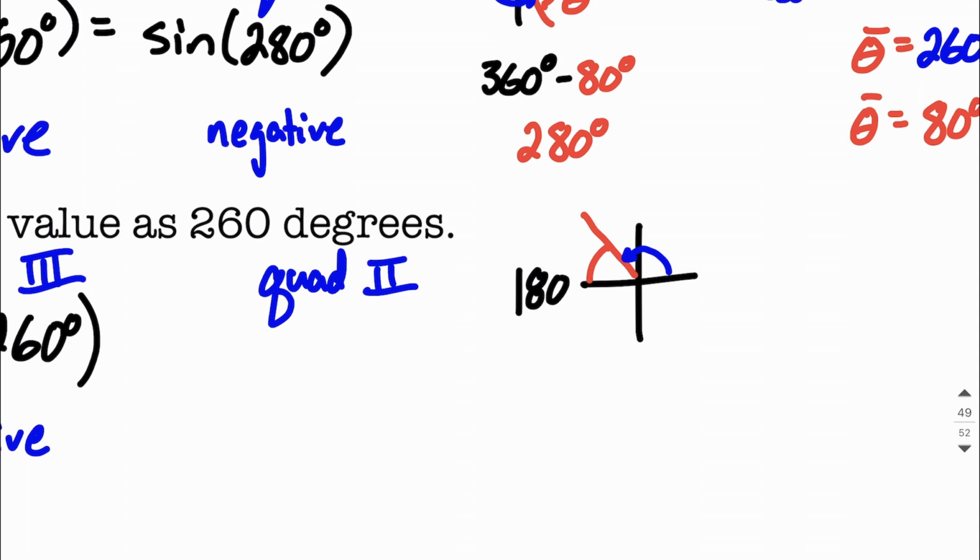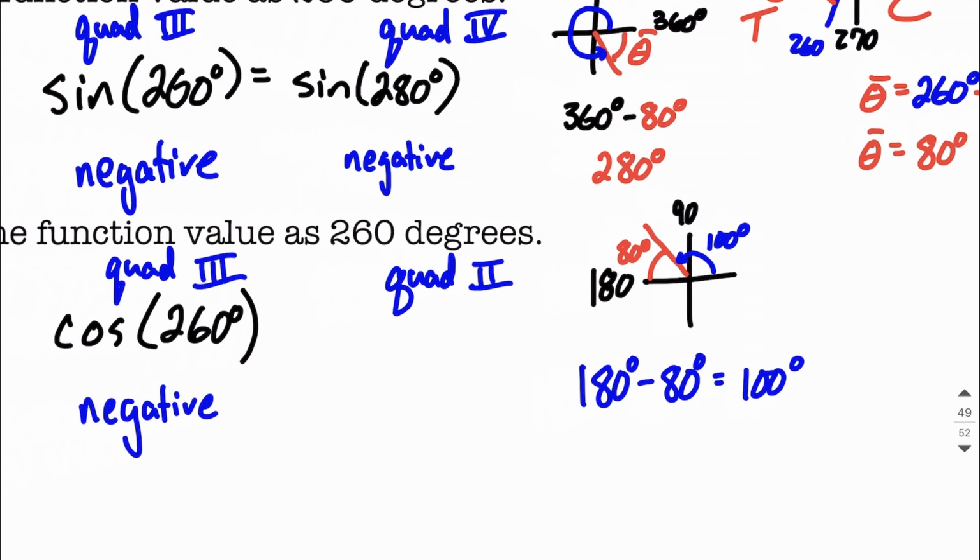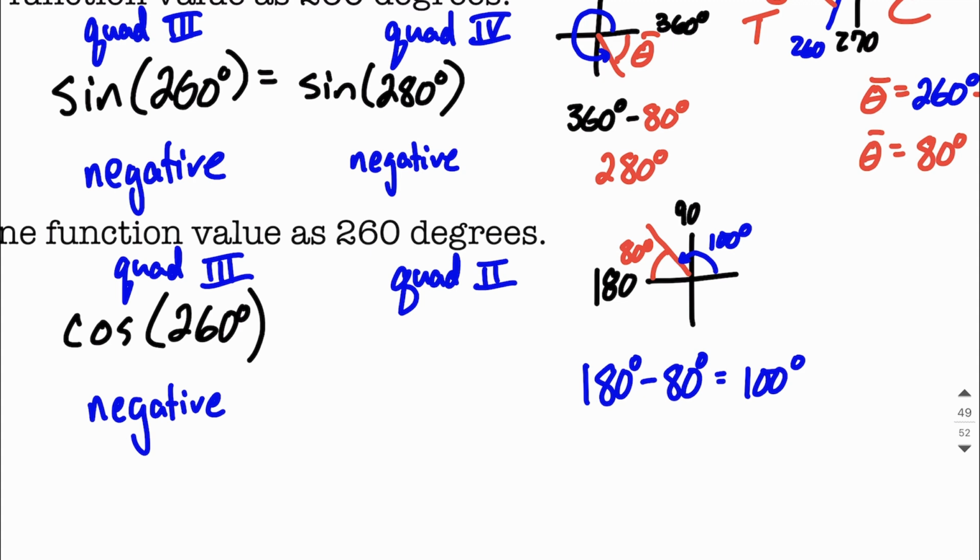But remember that our reference angle was 80 degrees here. So what we're going to do to make this calculation is 180, and then we subtract off that 80. This will give us 100 degrees, an angle that wraps into the second quadrant. Remember, this is 90 up here at the quadrantal angle. That's going to give us the exact same value as cosine of 260 degrees.